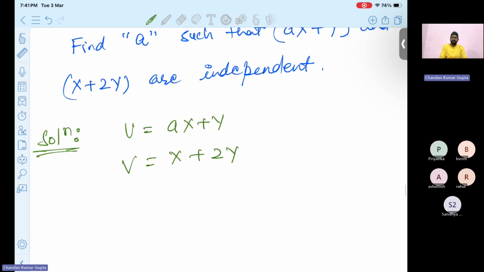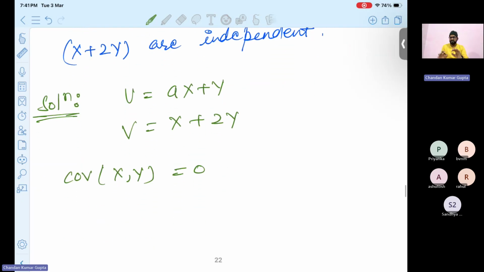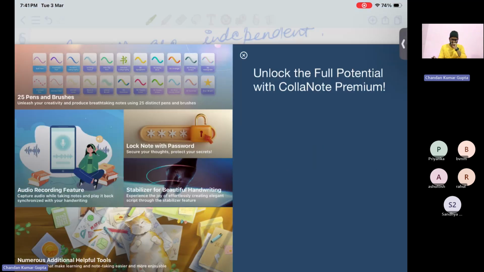When we need to show that they are independent, then the covariance comes out to be 0. The correlation or the covariance both infer the same result. The covariance comes out to be 0.